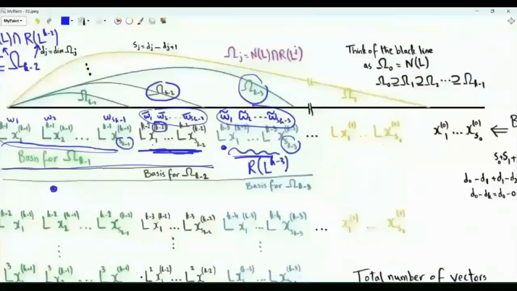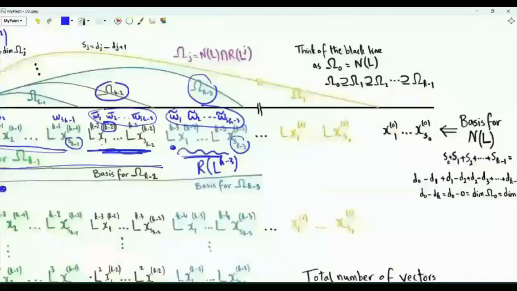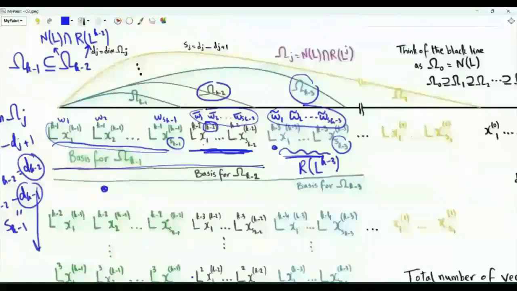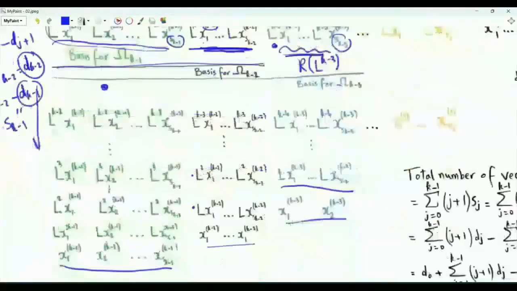And we continue doing this till we have a basis for omega 0, which is the null space of L. Those topmost vectors are a basis for the null space of L. But whenever we obtained any of those vectors, we constructed the so-called Jordan chain by having those other many vectors.